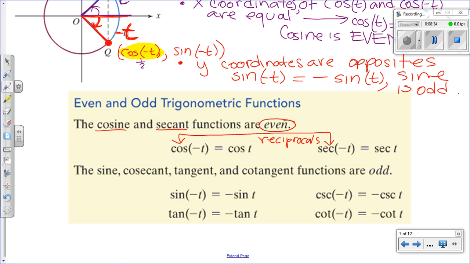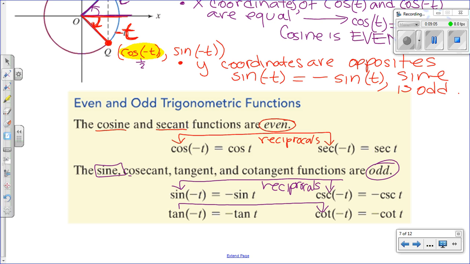Now, since we already found that sine is odd, then sine and cosecant are also reciprocals, so that's why we can find cosecant here. Okay, now tangent, it is also odd, and I'll show you why it is odd in a minute. And so also cotangent will be odd.